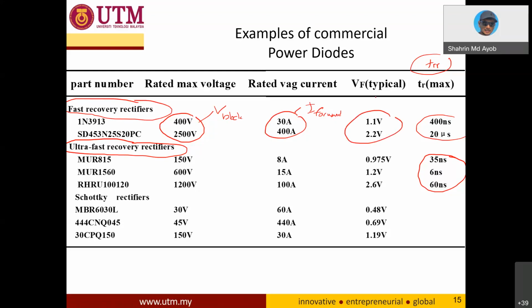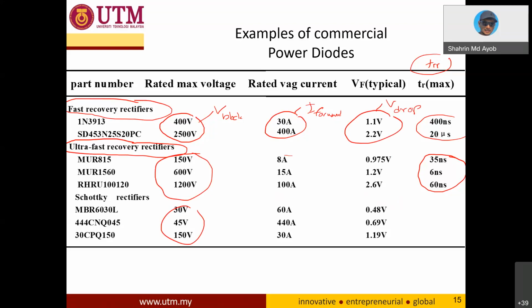And this one is the VF, which is the voltage drop when it is turned on. As you can see, you have a variation of voltage blocking, forward current, and also voltage drop, so it depends on the materials and also on the applications.